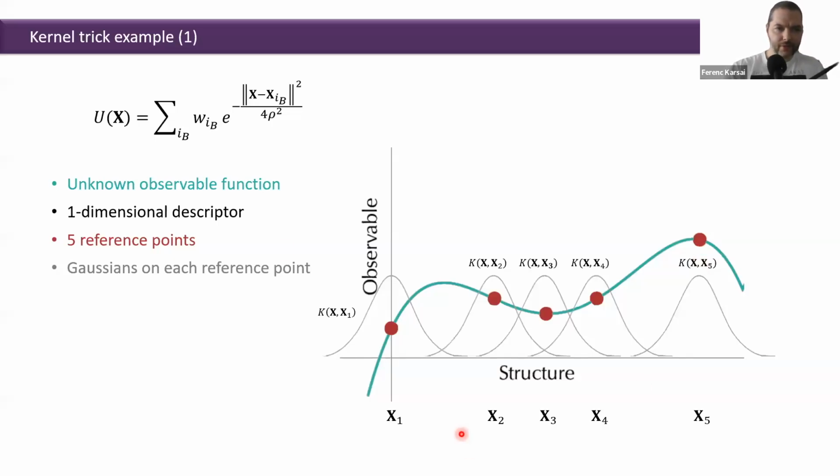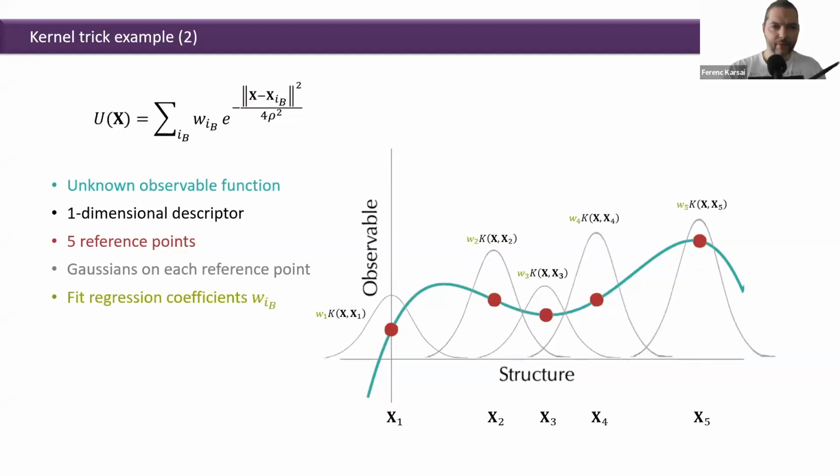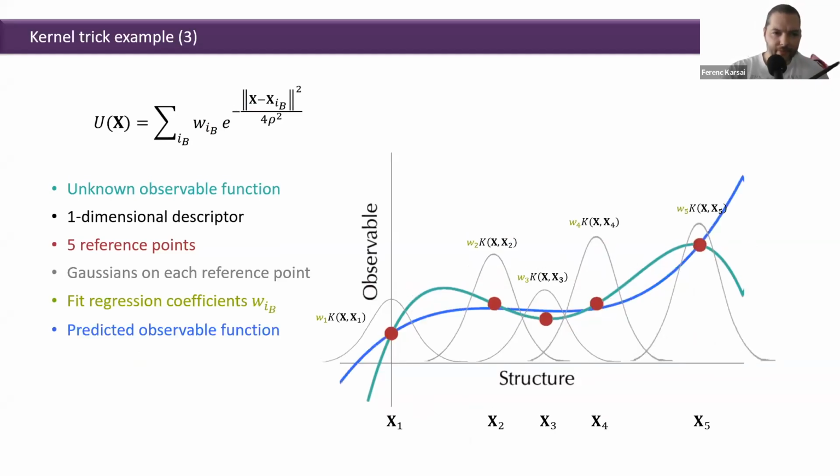And now what this kernel does, we put a Gaussian on each of these reference points here. And this Gaussian has equal heights. Now by doing the fitting, what you see is that we get different weights of these points. So each Gaussian changes its height. It has a different height. And with these Gaussians, then if we plot the new function with this, we see that we can nicely predict this function or approximate this function with these 5 values.